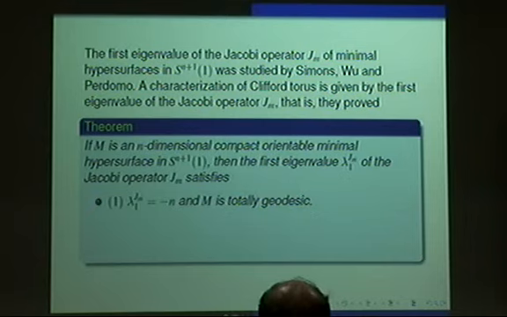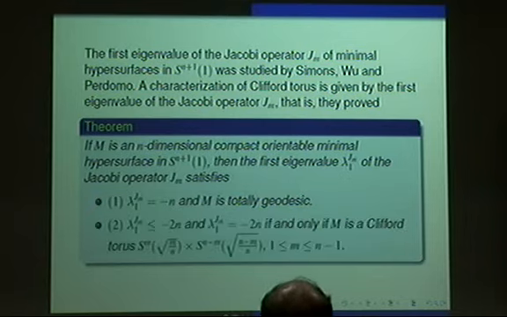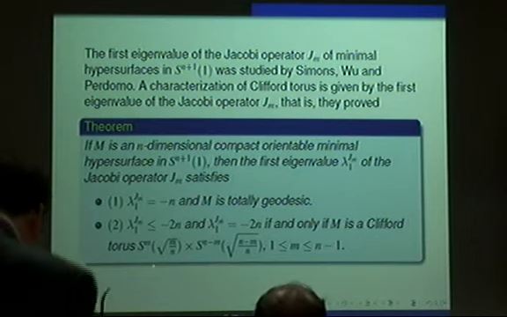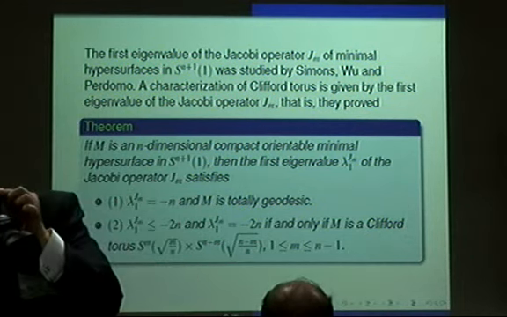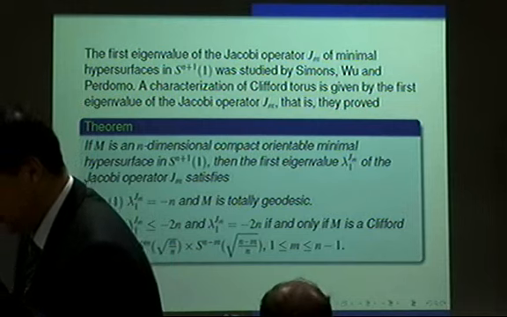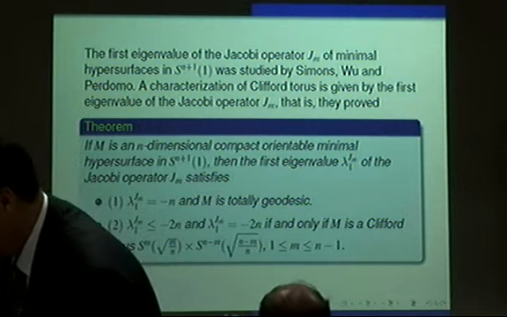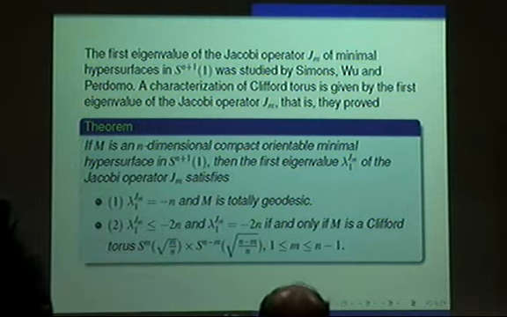The second result says that the first eigenvalue of this Jacobi operator is not greater than negative 2n, where n is the dimension of the hypersurface M. The equality holds if and only if M is a Clifford minimal torus. So this is the first eigenvalue of the Jacobi operator of minimal hypersurfaces in a unit sphere.